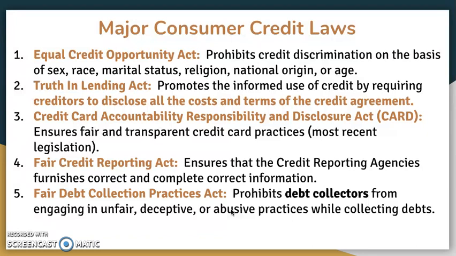The Credit Card Accountability Act ensures fair and transparent credit card practices. The Fair Credit Reporting Act ensures the credit reporting agencies furnish correct and complete information. And the Fair Debt Collection Practices Act prohibits debt collectors from engaging in unfair, deceptive, or abusive practices.